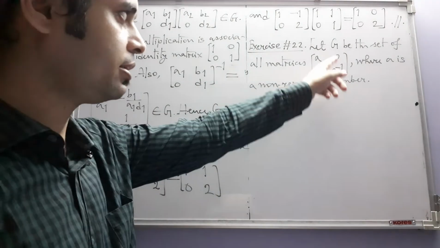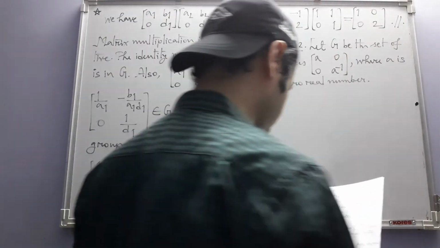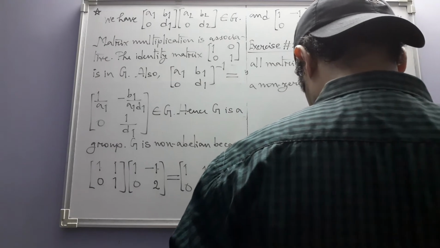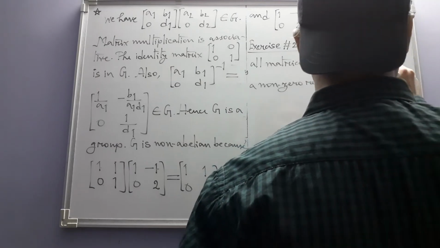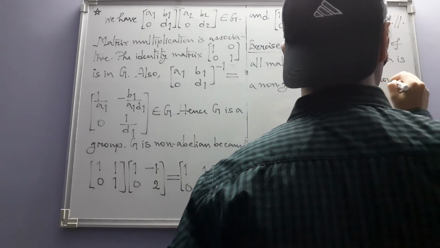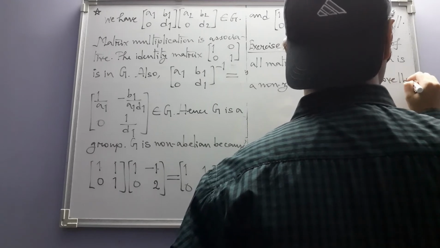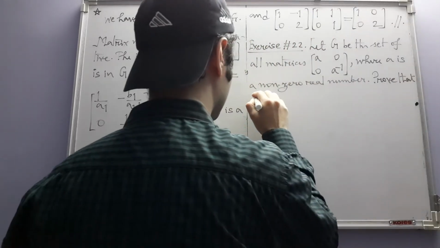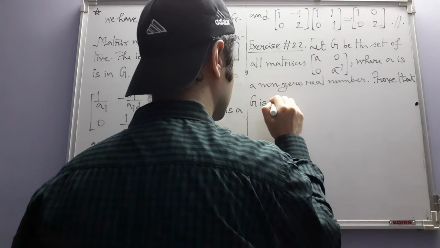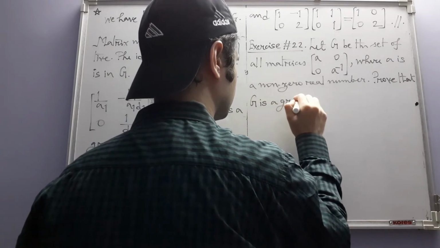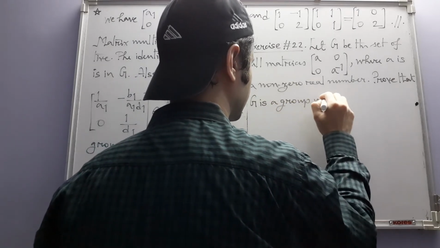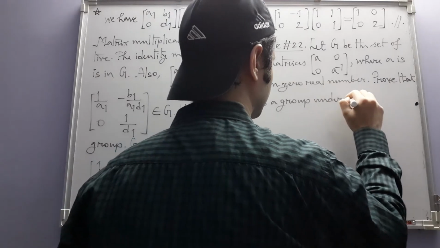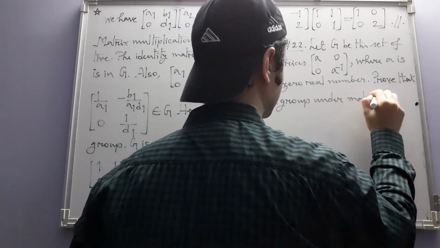A inverse actually is 1 by A. Prove that G is a group under matrix multiplication.